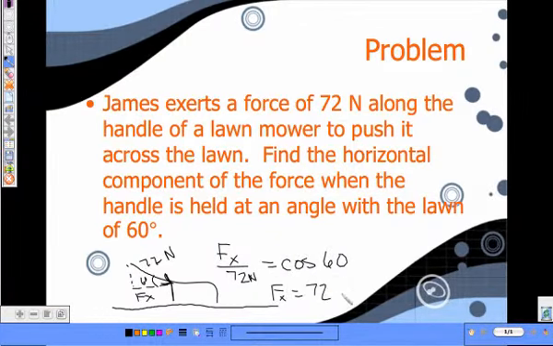So 72 times the cosine of 60. So f of x is equal to 36 newtons.